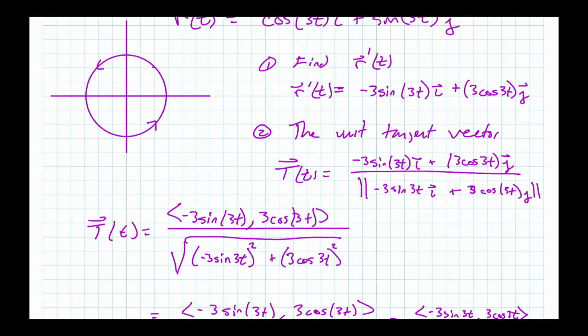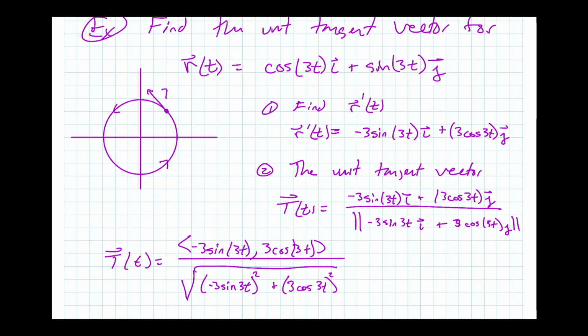You could just pick an angle and figure out that the unit tangent looks like that. That would be T of some t. I don't know what t, but it would point in that direction. But if you come over here, then the unit tangent points straight down.